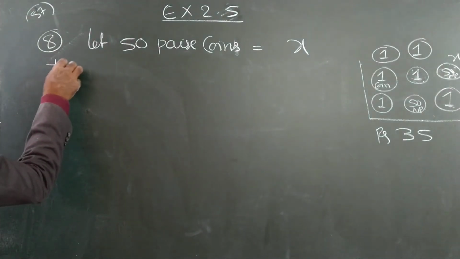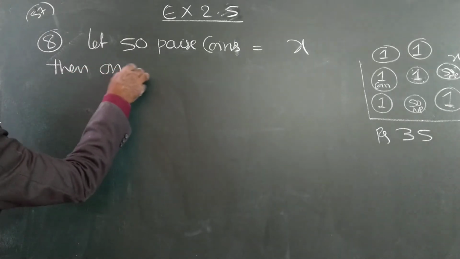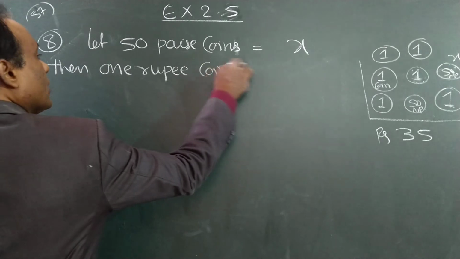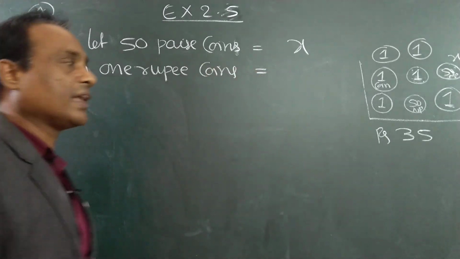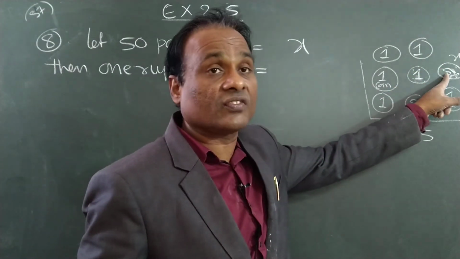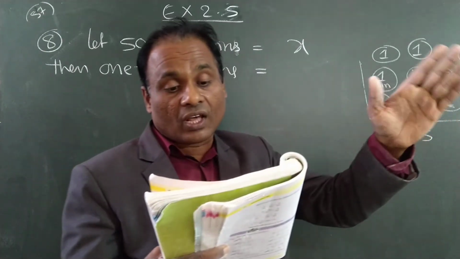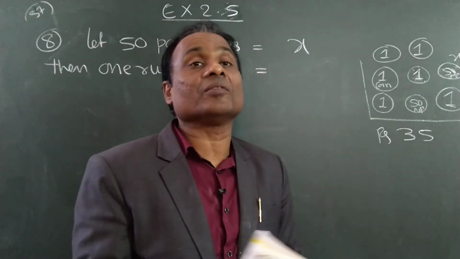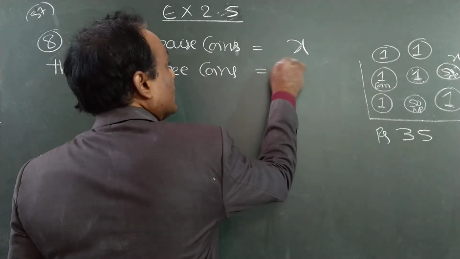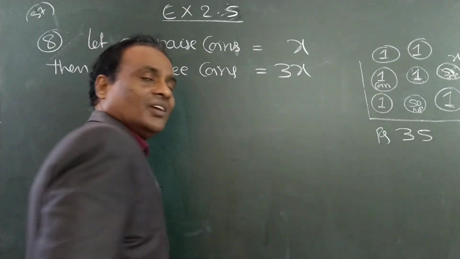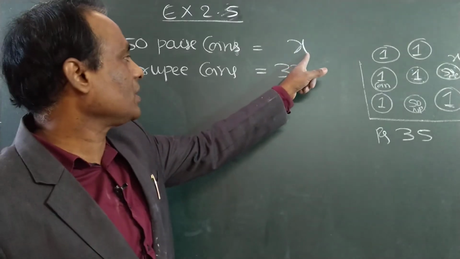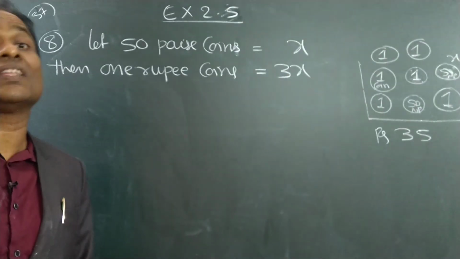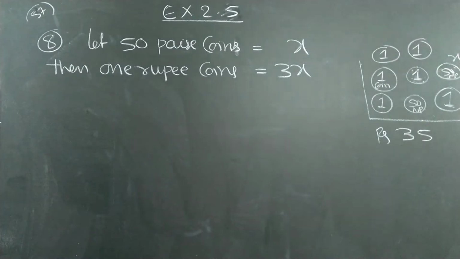Then how many 1 rupee coins do we have? 1 rupee coins are 3 times the 50 NP coins, that is 3x. That is given. See the problem.